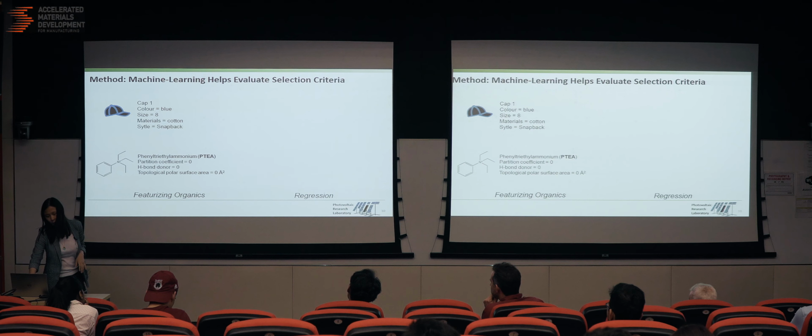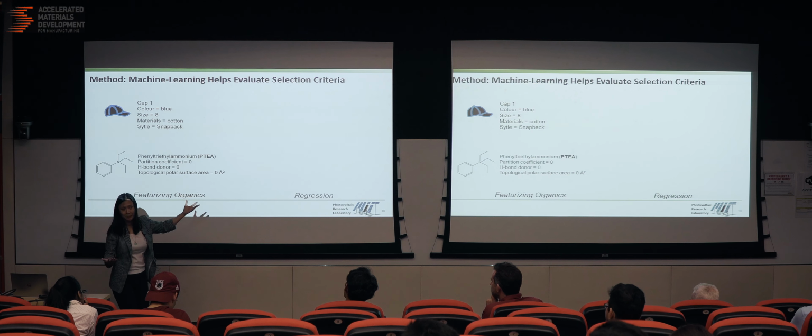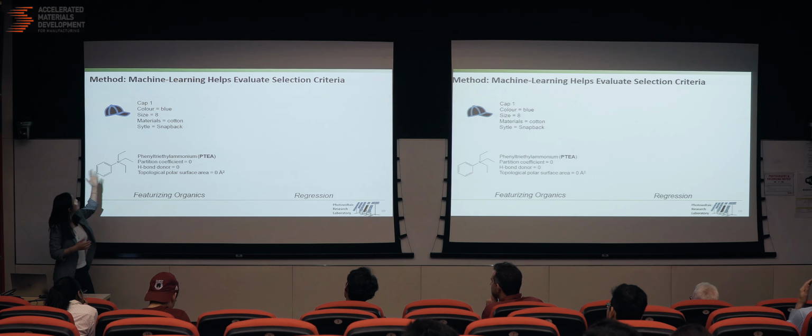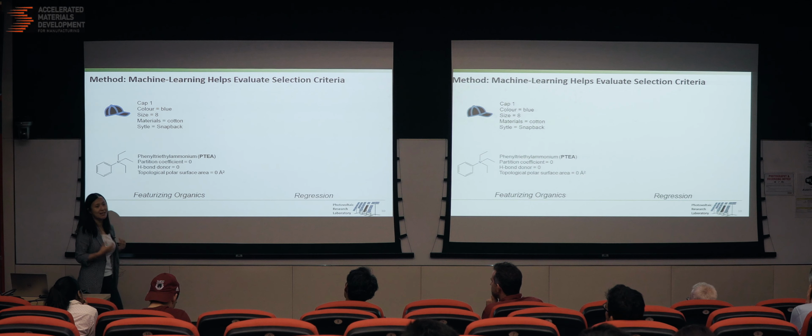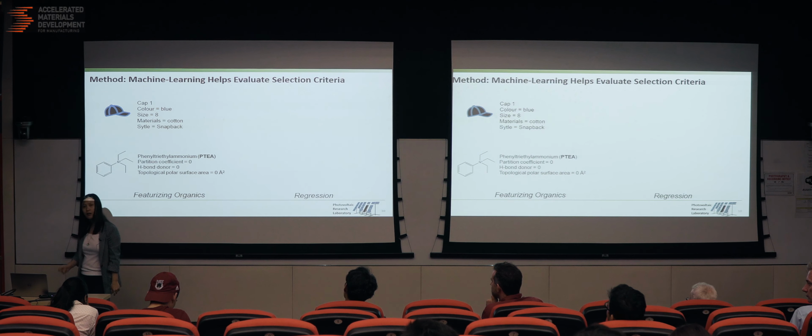So what's the role of machine learning in this study? We first take these molecules, these potential capping materials, and then we featurize them. Imagine you have a cap, and this is a blue cap, size 8, made of cotton and so on. Similarly, you can featurize your organic molecules.